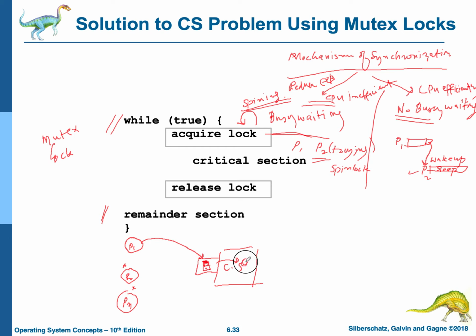It will do its work, finish its work, and when it is exiting, it opens the lock, releases the lock, and then only a new process can come. Otherwise, if this is closed, then even if both processes are trying, the critical section is locked, so they cannot enter into the critical section. So this is called the mutex lock.